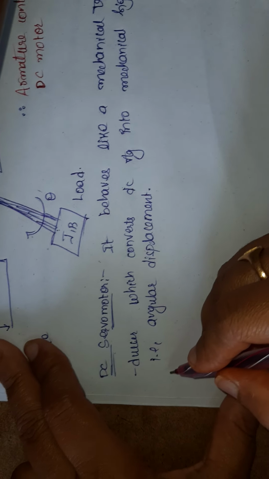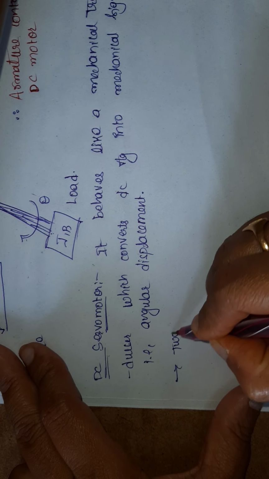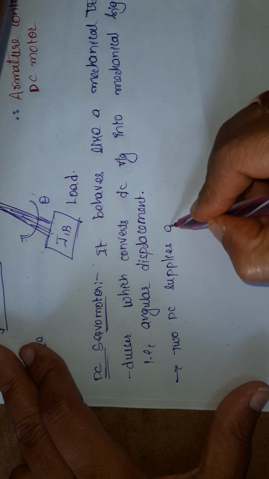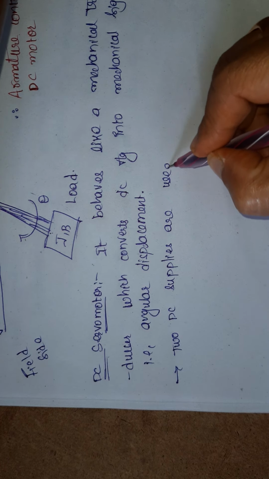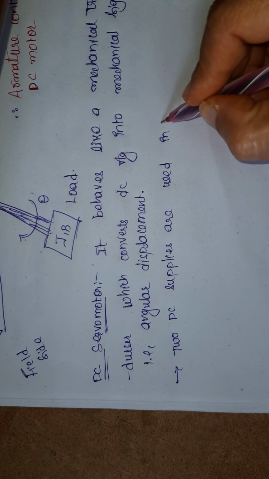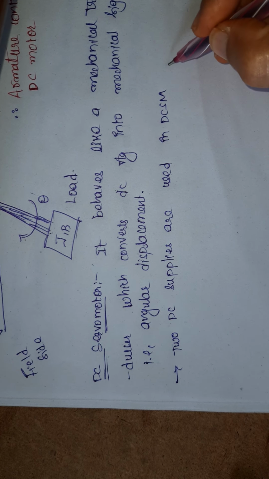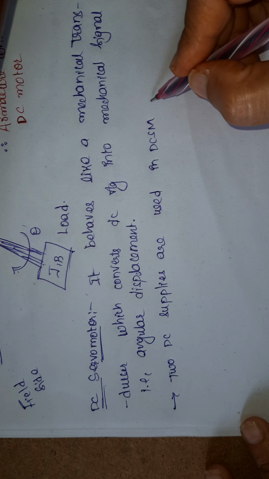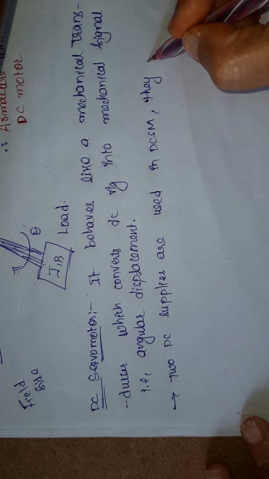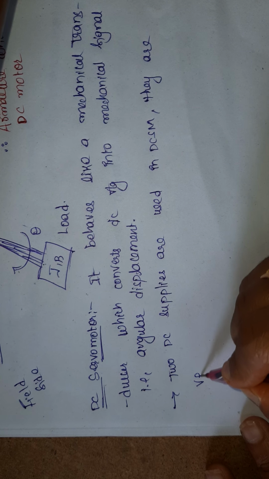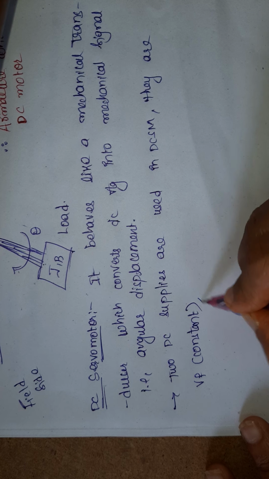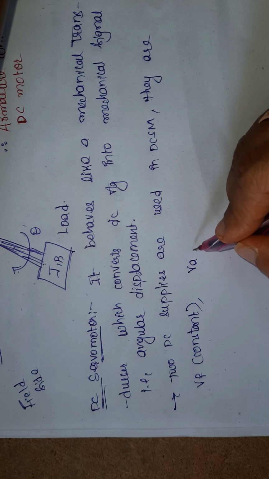Okay, so I am writing here two DC supplies are used in DC servo motors, that is nothing but armature control DC servo motors. They are VF, which is always constant, and VA, it is also DC supply.